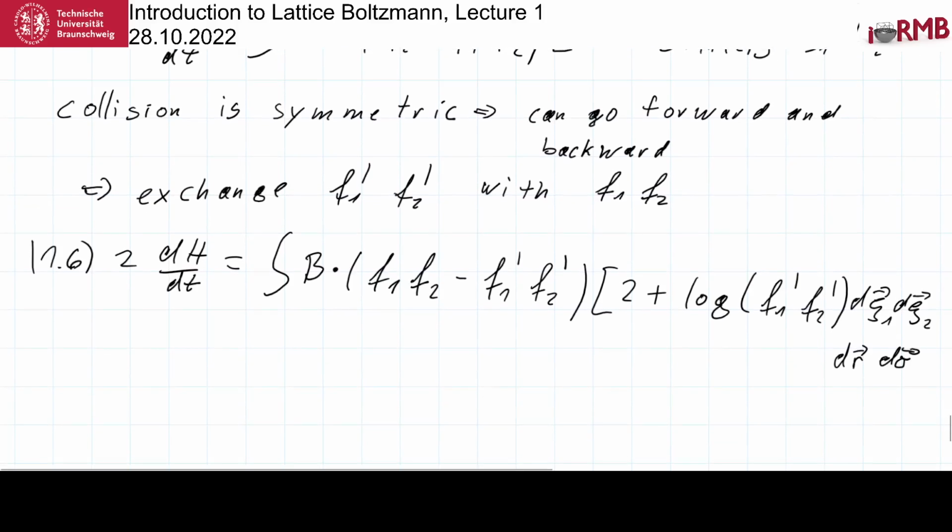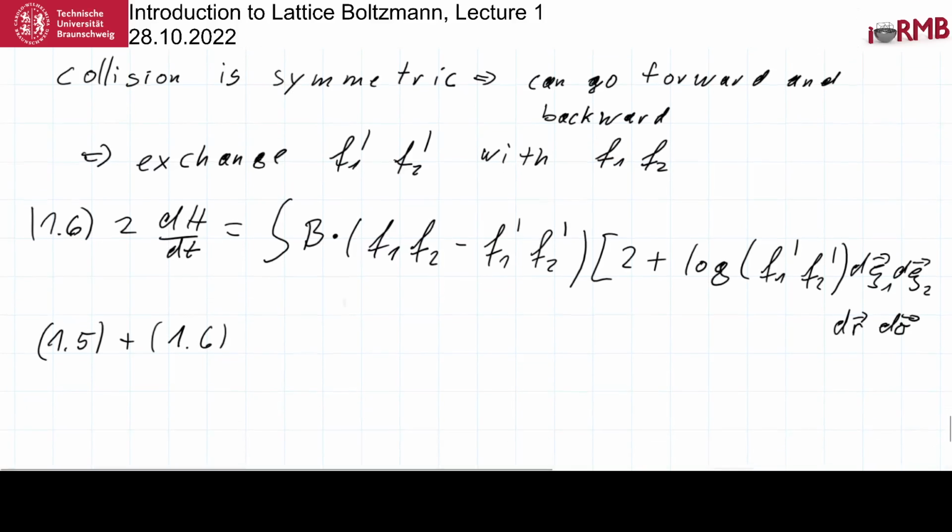The last thing that we do now, after we exchanged also the direction of the particles, we sum equation 1.5, which is the forward direction, together with the backward direction, 1.6, which gives us 4 times d h dt, the integral b.